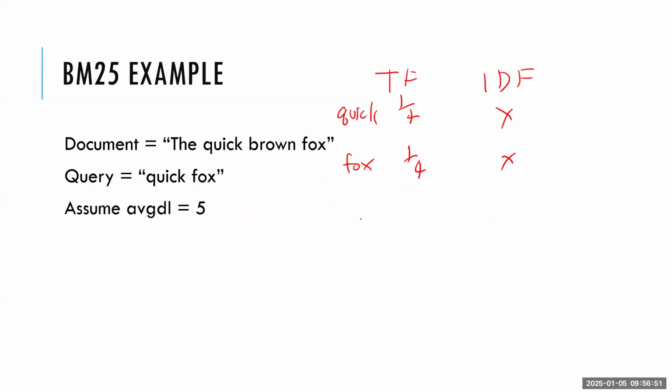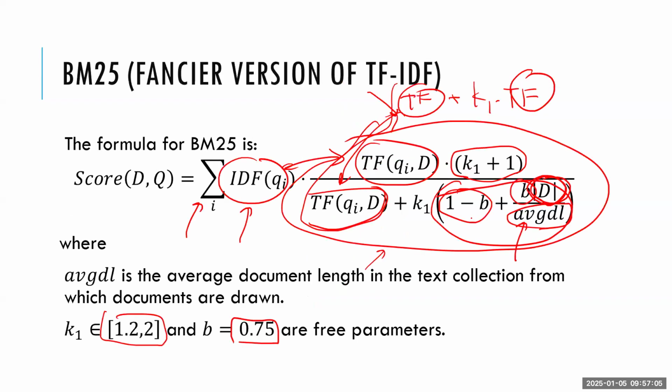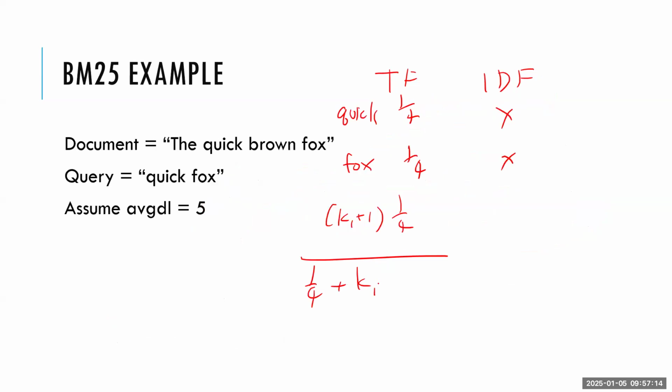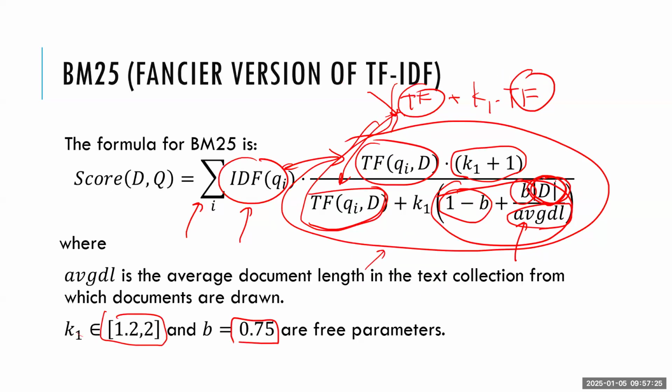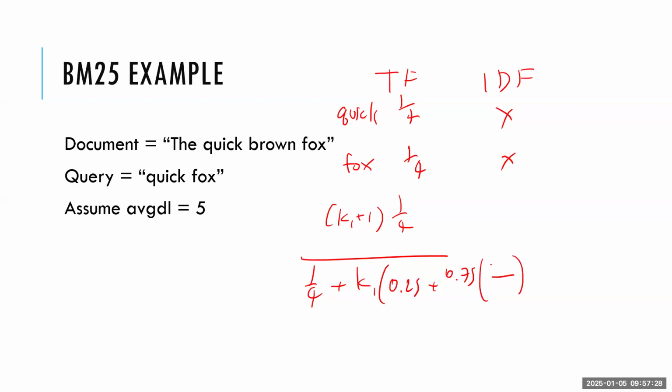So what I will have is the K1 plus 1 times the TF, which is 1/4, right? And then I will have the 1/4 on this side, and then times the K1, right? And then if I pick the B to be 0.75, then I will get 1.25 plus 1.75 times the number of documents, divided by the average document length, right?